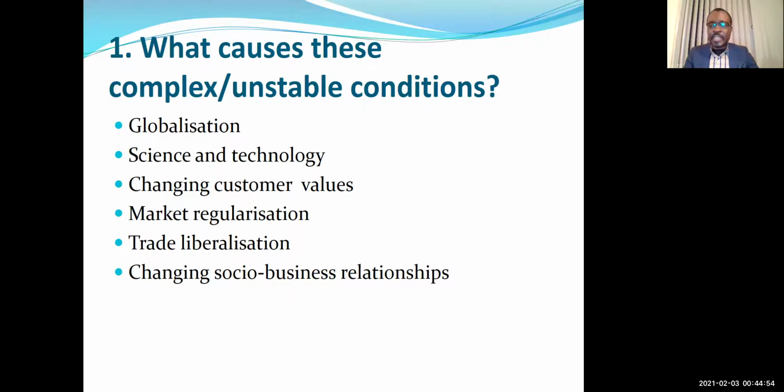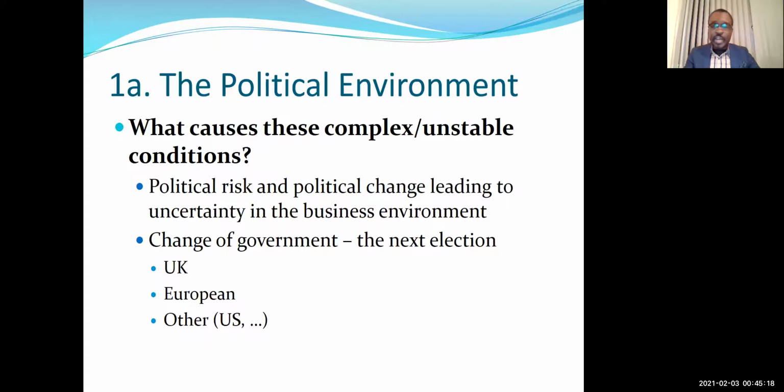Look at now with this current pandemic, unfortunately, but it becomes fortunate for the IT companies because here you can see people who are keeping up with IT, sustaining their businesses. Those who cannot are losing out. Changing customer values, market regularization, trade liberalizations, and changing social business relationships have caused these complex and unstable scenarios within the wider business environment.